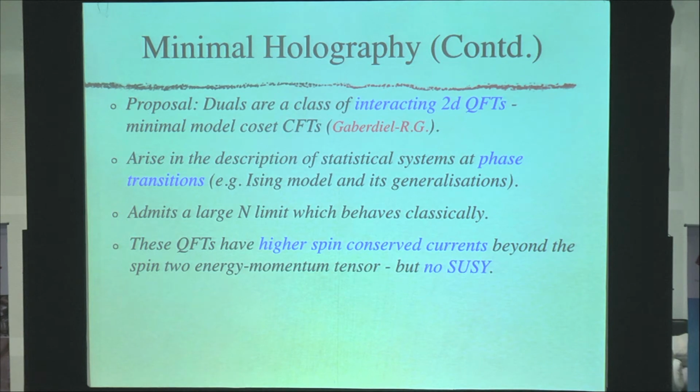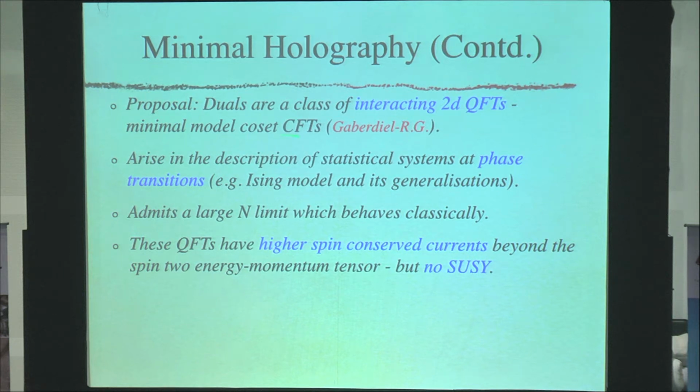These theories, as I said earlier, have no supersymmetry, but they have something else. They have additional conserved currents which carry higher spin. The spin 2 energy momentum tensor, which measures the energy and momentum densities in a quantum field theory, is common to all quantum field theories, but very few interacting quantum field theories have conserved currents which carry spin higher than 2.